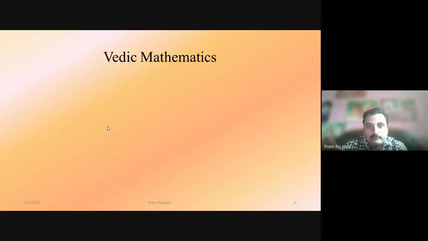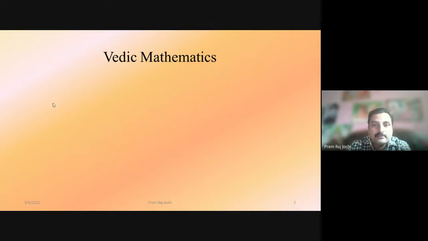Vedic mathematics, from the word itself, has some meaning. It is the mathematics which is related to the Vedas, with underlying principles based on the Vedas.